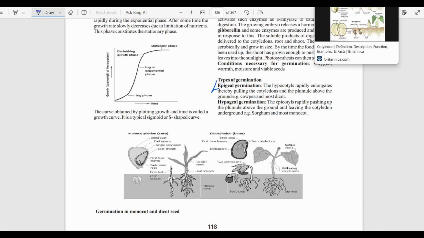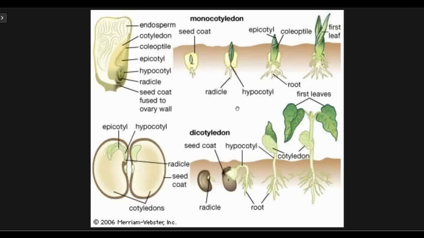For us to do that, I'll show you the diagram of the seed of a monocot and the seed of a dicot. If you look at this diagram of a monocot, you see that you have the endosperm, as I mentioned earlier. What I want us to focus on is the embryo here. You can see the epicotyl and you can see the hypocotyl here.